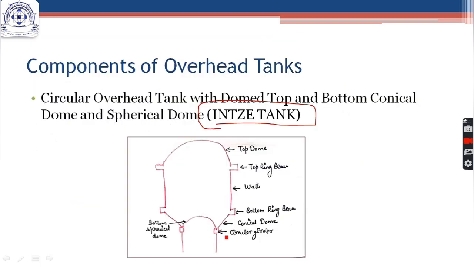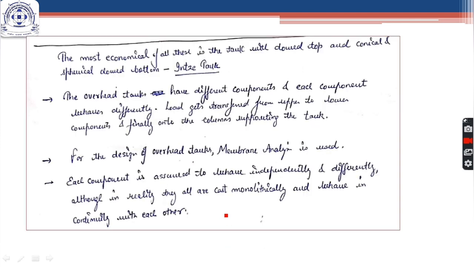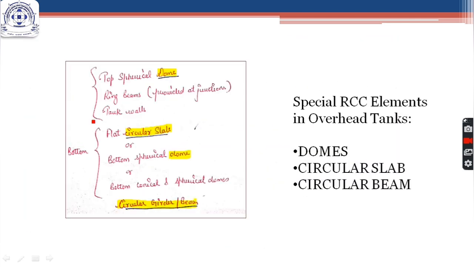So for the design of overhead tanks, each component is designed separately. Now I have again written here the different components: the top spherical dome, ring beams, tank walls, the base, which can be either of these three, flat slab, bottom spherical dome, bottom conical and spherical dome, and below that we will have the circular beam.